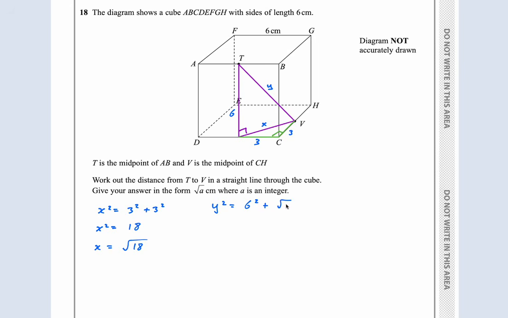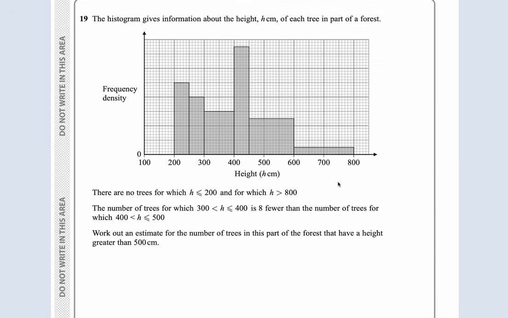So it's root 18 squared, but root 18 squared is just 18. So y squared is equal to 36 plus 18, which is 54. y squared equals 54. So y is equal to root 54. Now you could simplify it on your calculator, but it says in the form root A, so this is fine. Okay, that's question 18. Question 19.